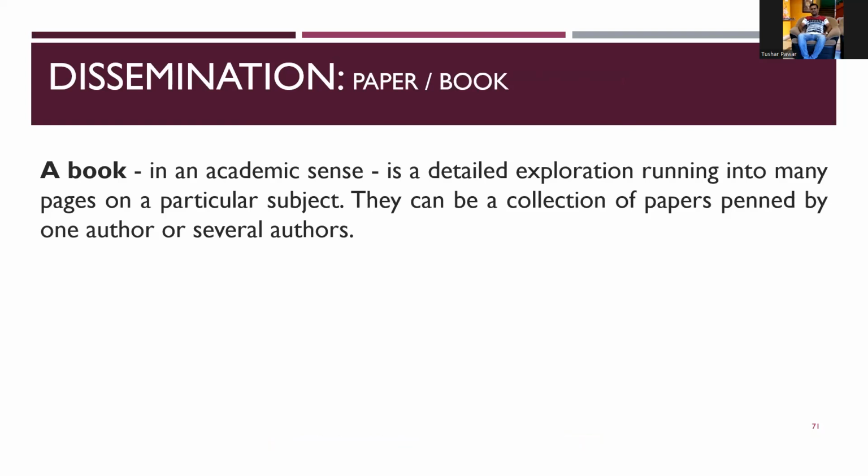Paper is the research paper we have discussed so far, where I gave you all the components, and these research papers are published in peer-reviewed journals. Journals are periodicals which publish research data or research writings.